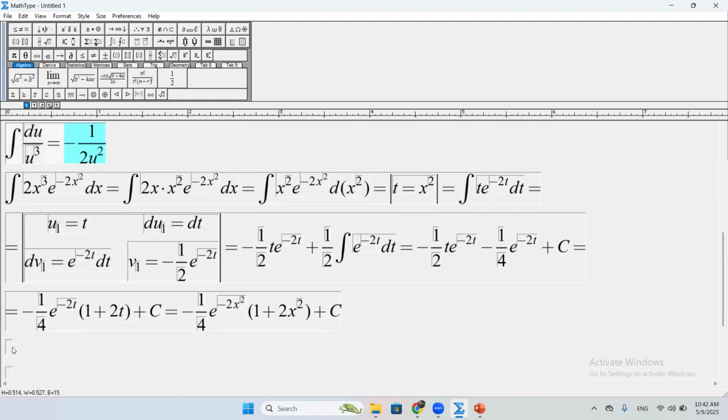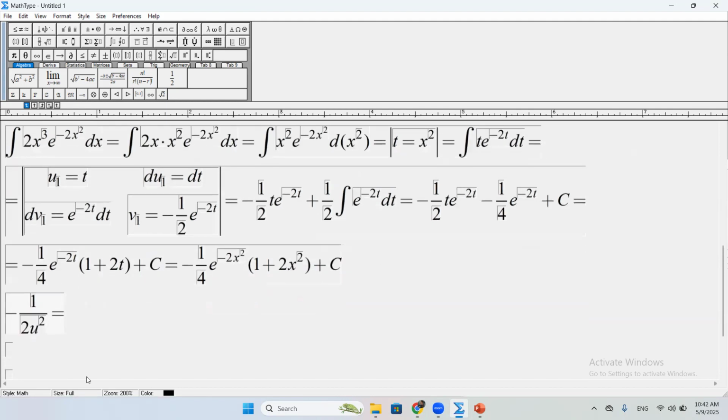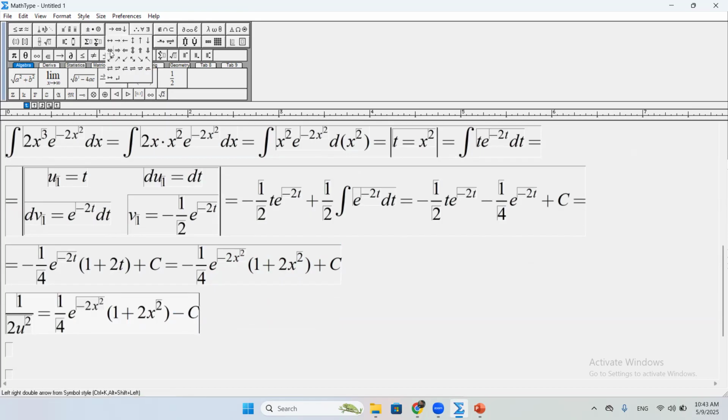And now we will express u. This expression equals this expression. Let's erase the minuses here, we'll divide by minus 1, and also multiply both parts by 2.